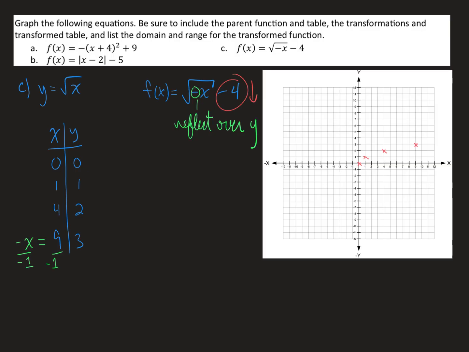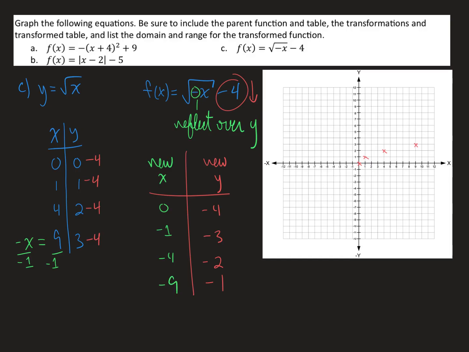So we'll have new x values, and we will also have new y values. The y values will only be having 4 subtracted from them. So as I create this new table, the y's are -4, -3, -2, -1, and the x's will be 0, -1, -4, -9.